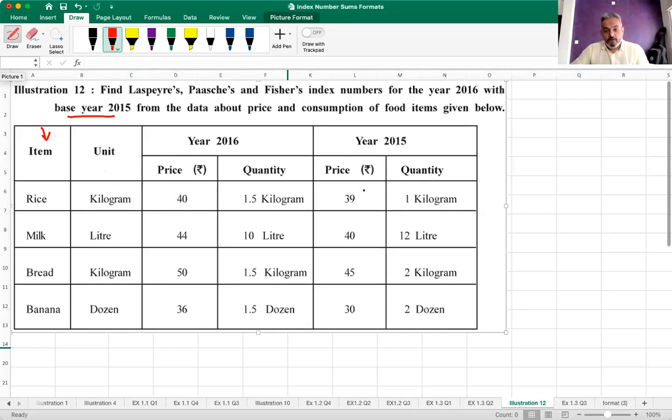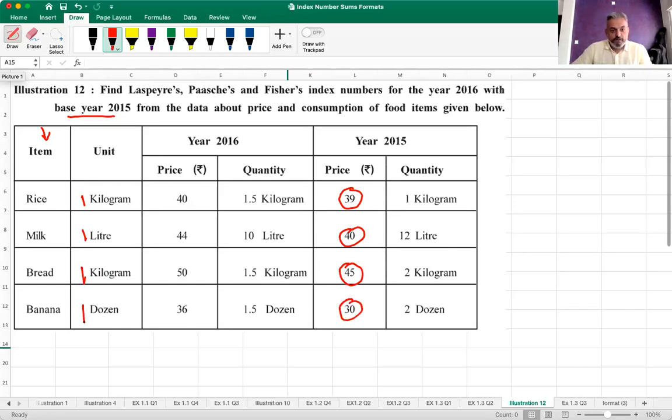Again, you can see the price is given. So this price 39 is for 1 kilogram. This price 40 is for 1 liter. This price 45 is for 1 kilogram. And this price 30 is for 1 dozen.